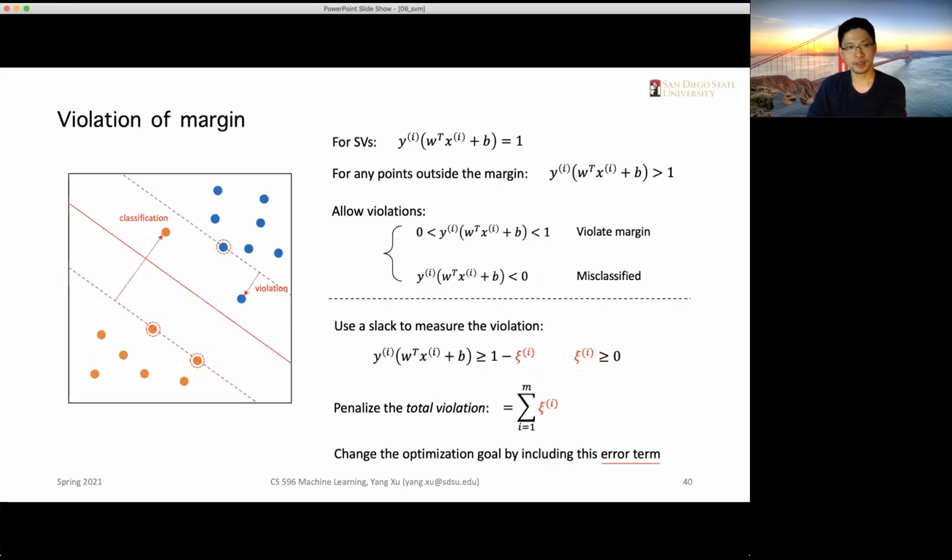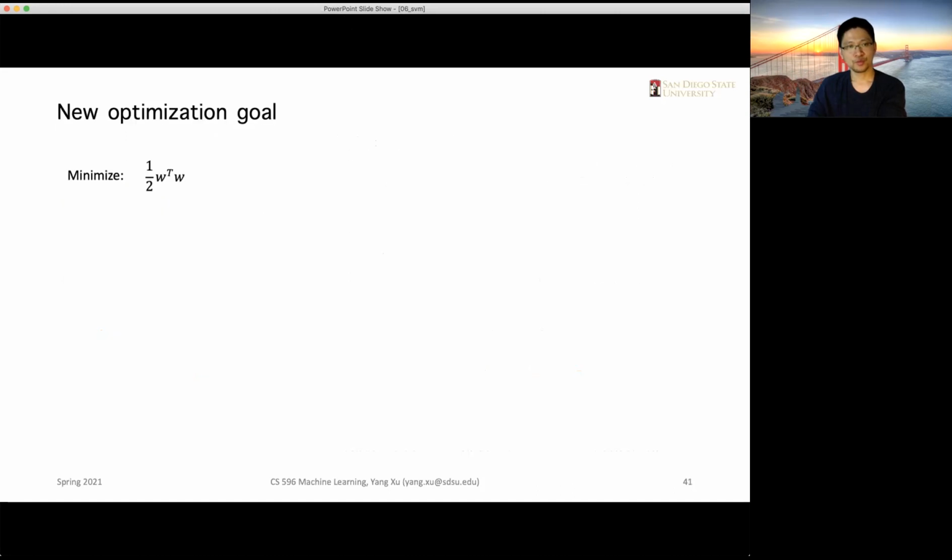So we basically need to minimize the original objective function, now plus the total errors, and this error is adjusted by the capital C. C is some constant to control the strength of the error.